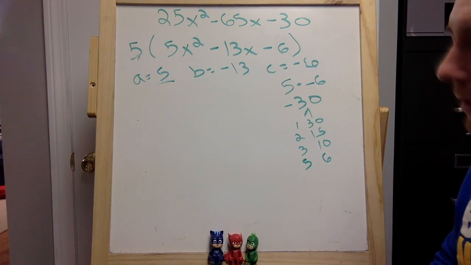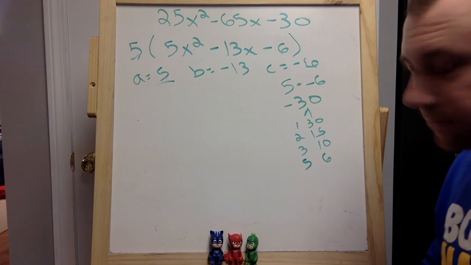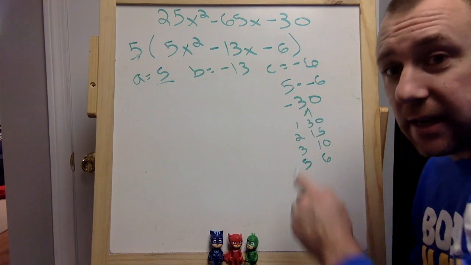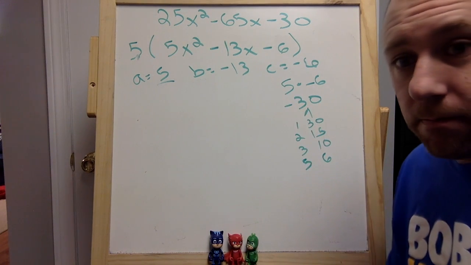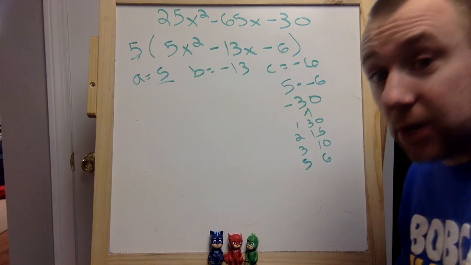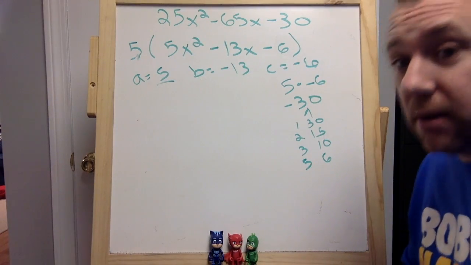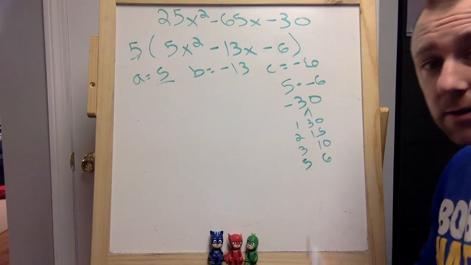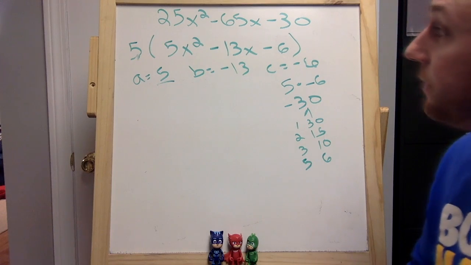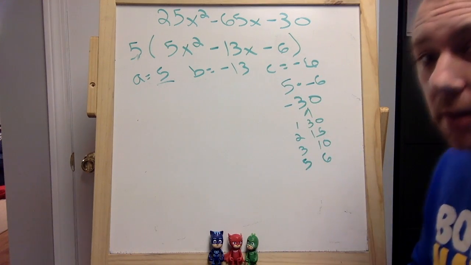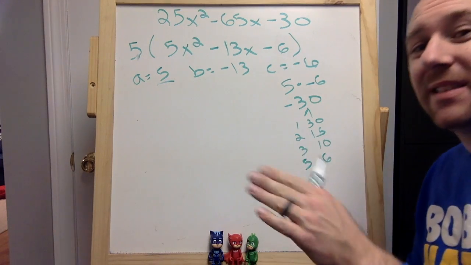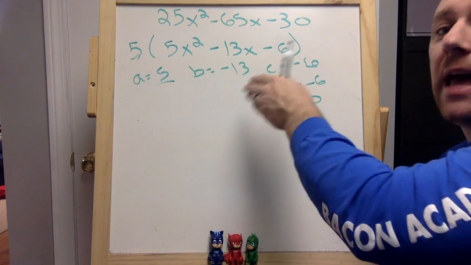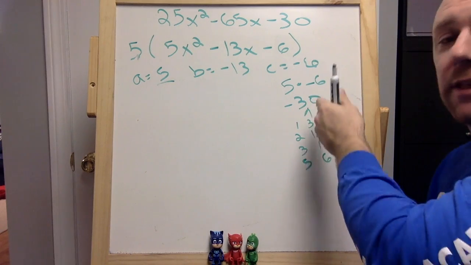And this is what really trips students up: if the C is negative, you have to look at the sign of the B term. If the sign of the B term is negative, the highest number in the factors is negative. If it's a positive B, then the highest number is positive. So you always go by the sign of B, and that gives the sign of the highest number.